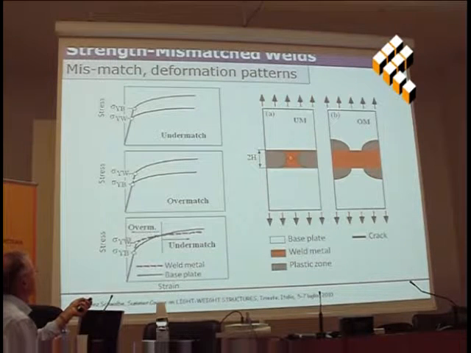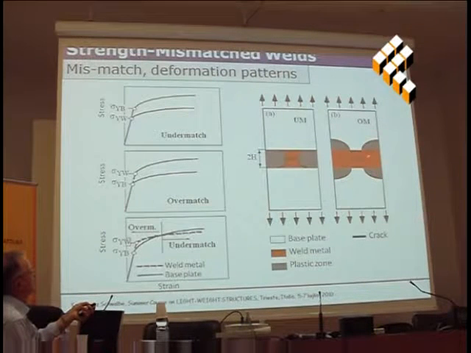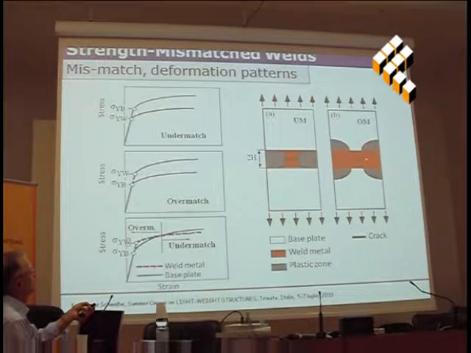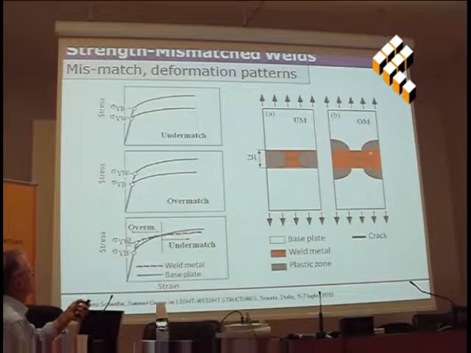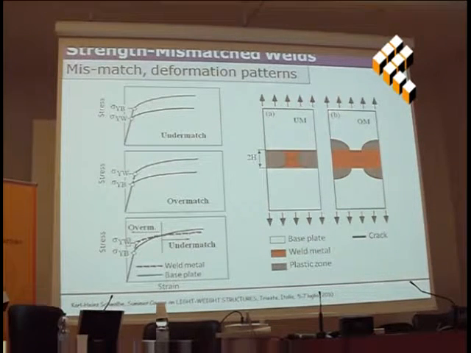I hate this color, I can't tell you. And here this is overmatch. Of course, we also have a small plastic zone here, depending on the degree of mismatch. But interestingly, a lot of plastic deformation occurs here in the base plate, remote from the crack plane.